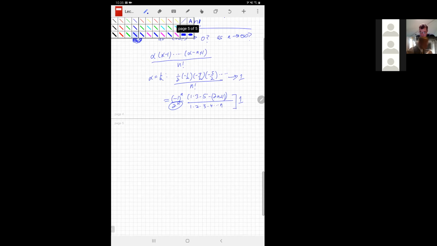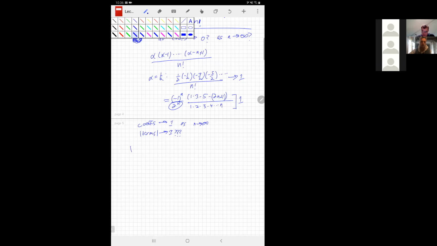If the coefficients are going to 1, does that mean that all of the terms in our series are going to 1 rather than 0? Is that what it means? Because remember, our terms aren't just all of this.